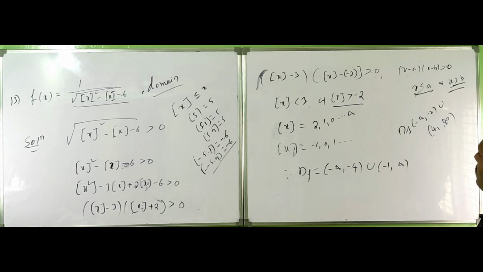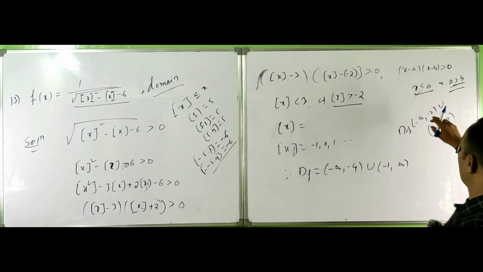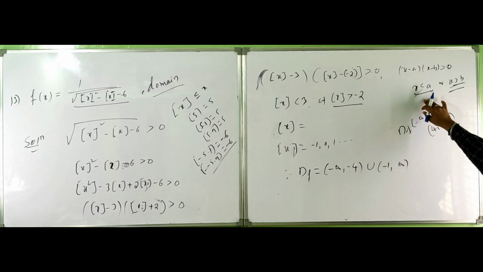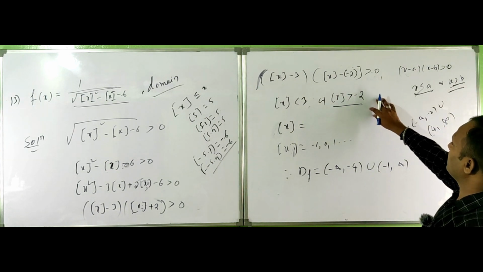Okay, greater than minus 2. The basic answer: x is less than a and x is greater than b. For this, can I write this as minus 1, 2, 3, 4.